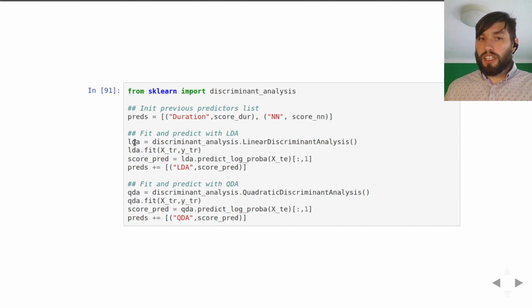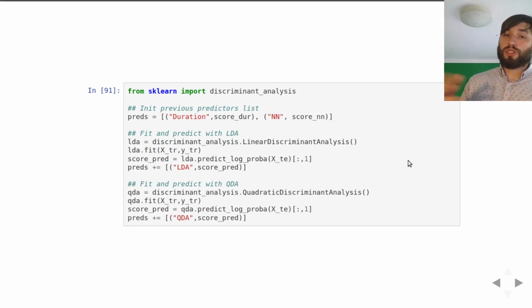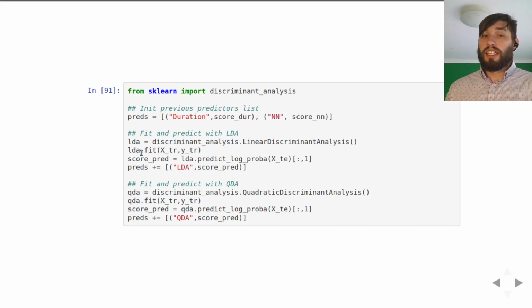So we'll fit LDA, and with LDA, it's very easy. There are no tuning parameters unless you want to make constraints on LDA, but I'm not making any constraints. So I just initialize it in scikit-learn, and then I fit it on the training data, and then I predict, but I'm going to use log proba with LDA.